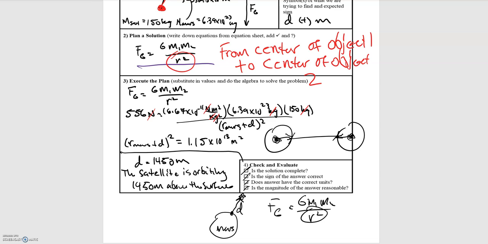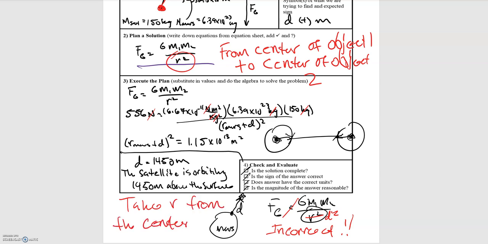This would be incorrect, with it being D squared. It's a common mistake just to take the distance from the surface of an object to the other one. You need to take R from the center. So that's key.